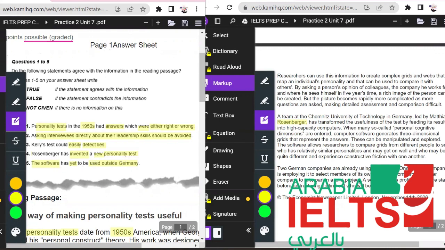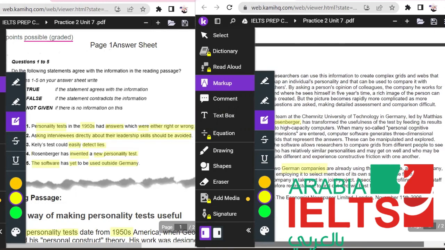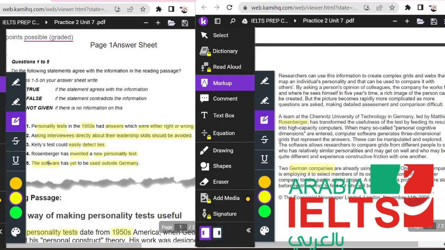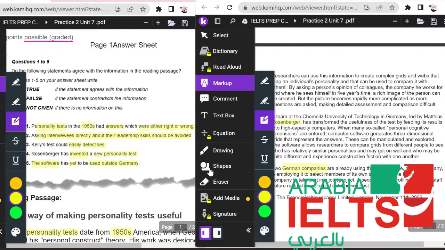It says has yet to be used outside Germany. German companies. So this is somehow my last statement, and that's my last paragraph. It's talking about German companies, but here they're talking about outside Germany.